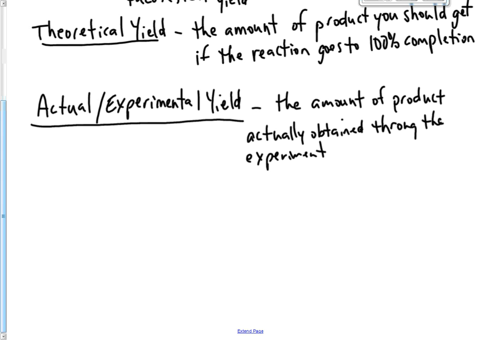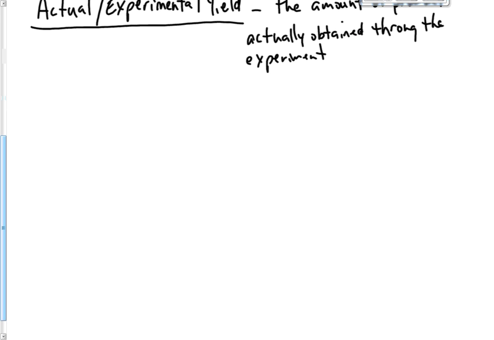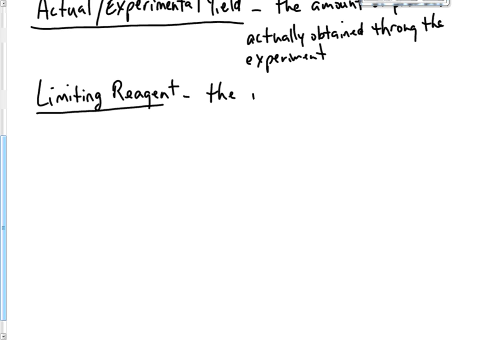The last one that I want to tell you about, the last definition, is what is called a limiting reagent, because you'll see that from time to time. A limiting reagent is the reactant that runs out first and stops the reaction.